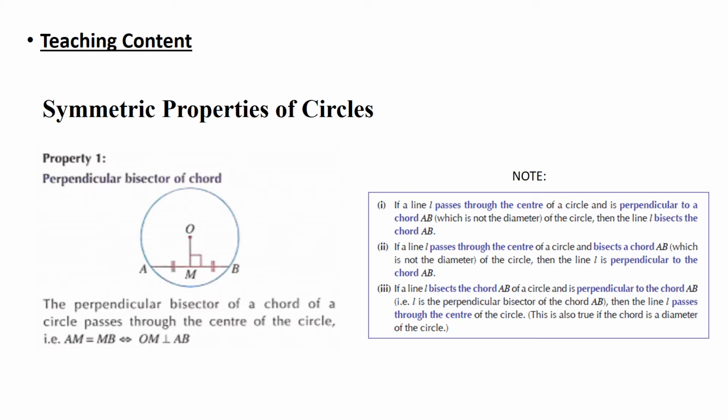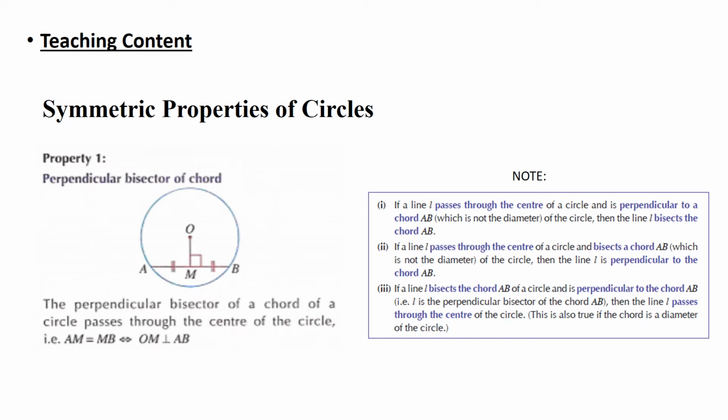Remember few points over here. 1. If a line L passes through the center of the circle and is perpendicular to the chord AB, then the line L bisects the chord AB. Second point, if a line L passes through the center of the circle and bisects the chord AB, it means the line L is perpendicular to the chord AB.